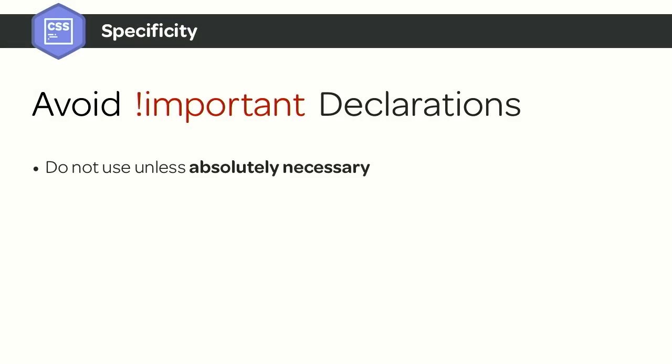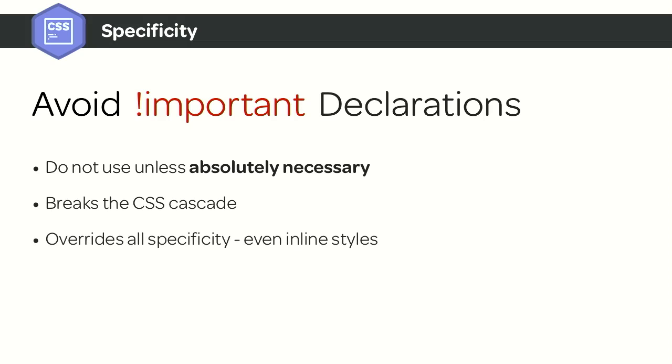We should not use important unless absolutely necessary because it breaks the natural order of the CSS cascade. It overrides all specificity, even ones in inline style. It's also been referred to as the Jedi mind trick of CSS. So as you can see, it's a very powerful declaration that we need to be careful with.